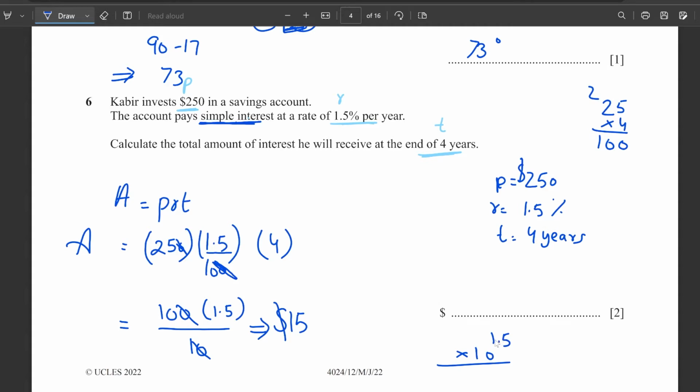Long procedure, but you should have learned by now that if you have anything with a decimal point and it's multiplying by 10, it really means you have to move the point one block right, and if it is dividing, then you have to move it one block towards the left. Remember this, all right? So $15.